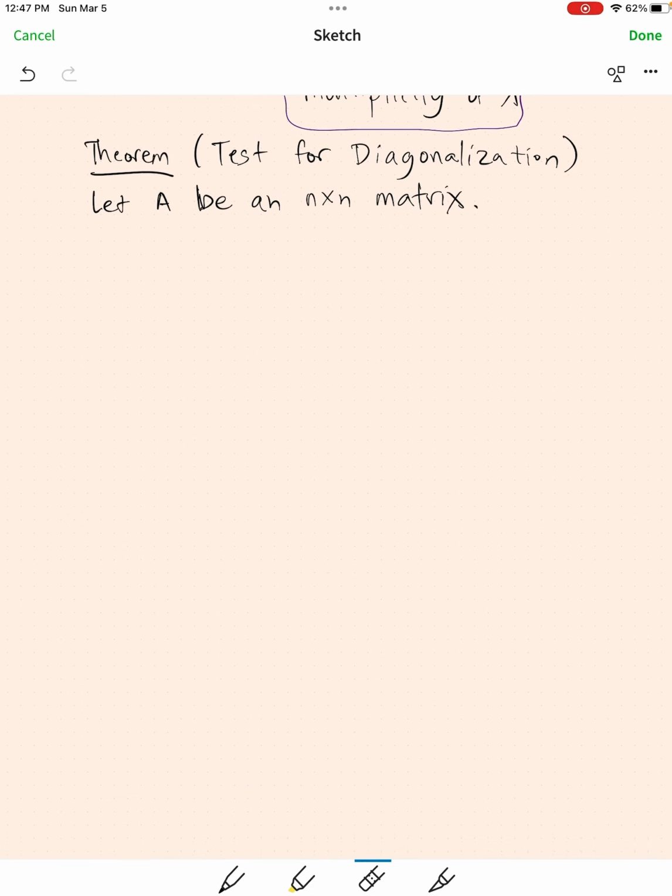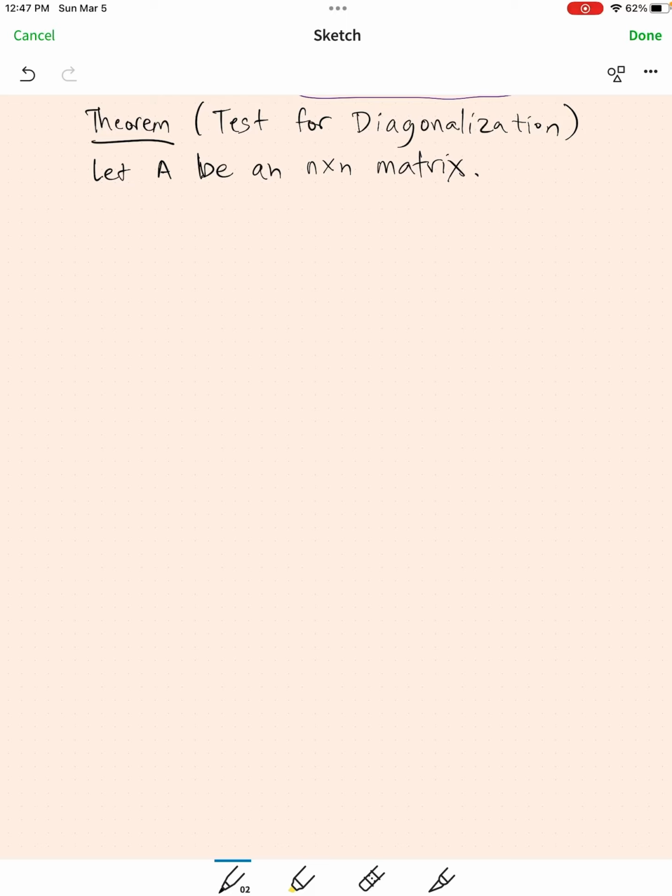So one is A diagonalizable. A is diagonalizable. So again, we have two ways of thinking about it. It has the form PDP inverse, right? That's one way. The second way is that it has a basis of eigenvectors.